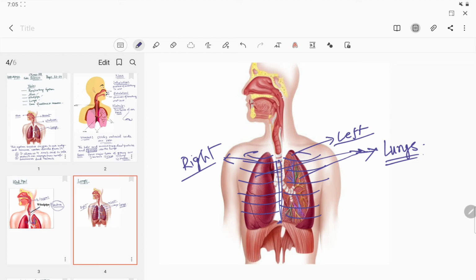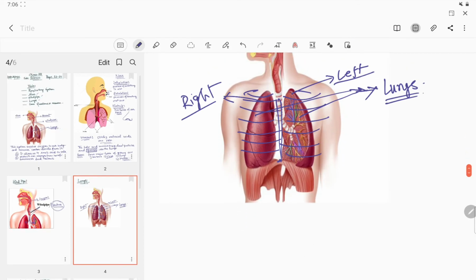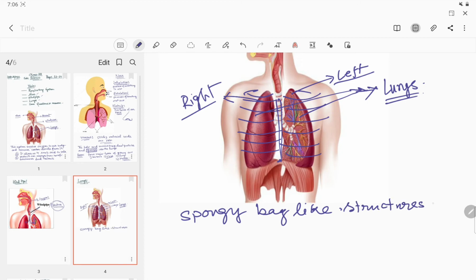Okay, these are spongy, bag-like structures protected by the rib cage.